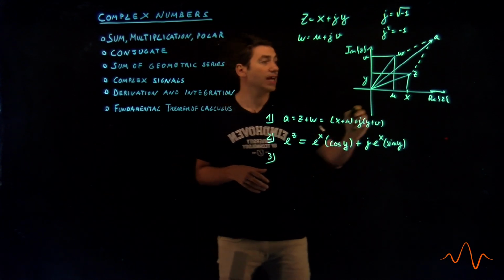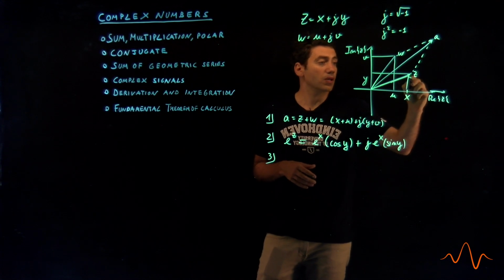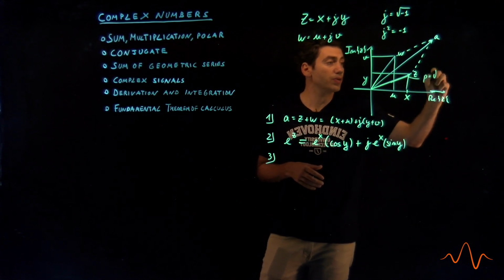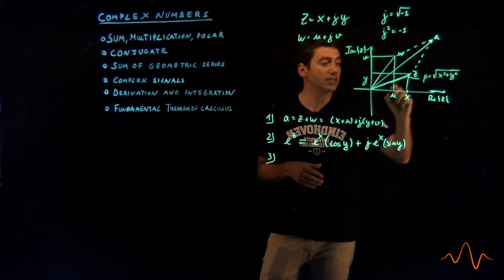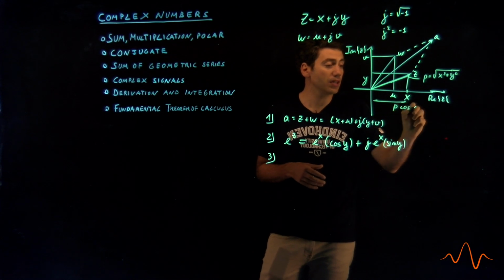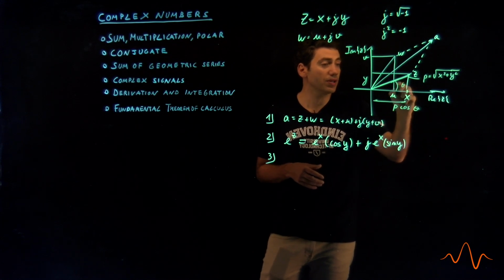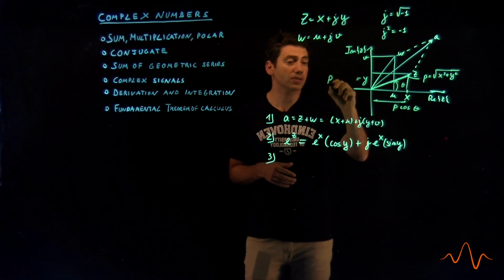For instance, for z, I can consider this distance over here, rho, and call this rho to be the square root of x squared plus y squared. And then I can say that simply x is nothing more than rho times cosine of theta, where theta is this angle over here. And I can say that y is rho times sine of theta.